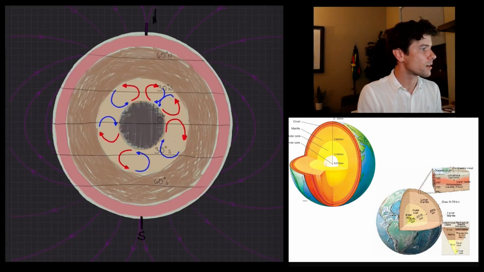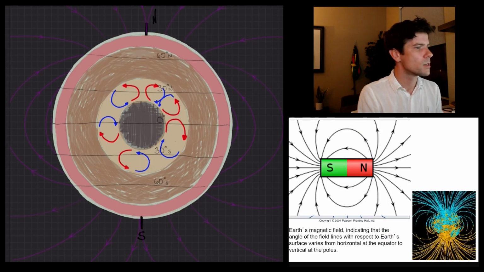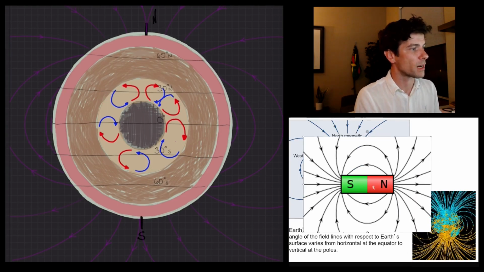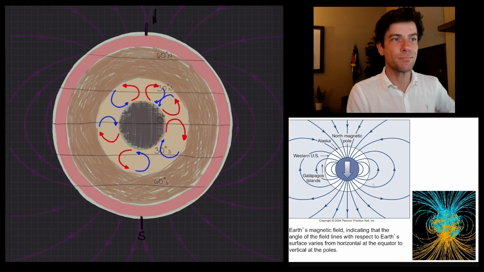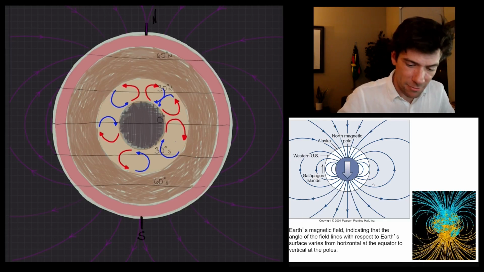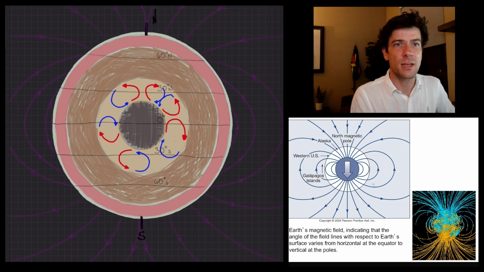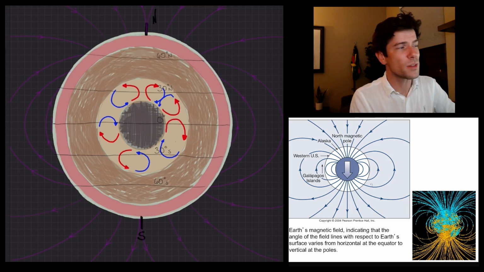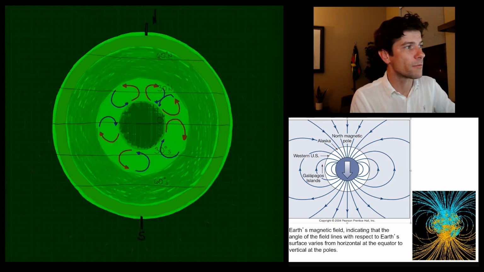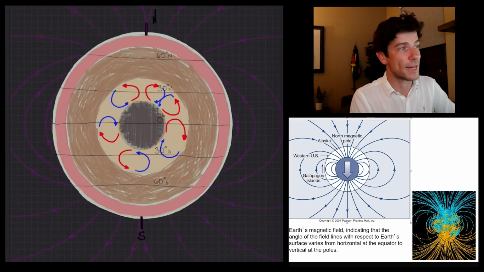Oh gosh, where is the slide with it? Well, here's a slide. I think it's hiding behind that. Let's get rid of that. Okay, so we have a magnetic field, and it looks something like that. And the important thing to note here is that the magnetic field lines don't intersect the Earth's surface at the same angle everywhere.